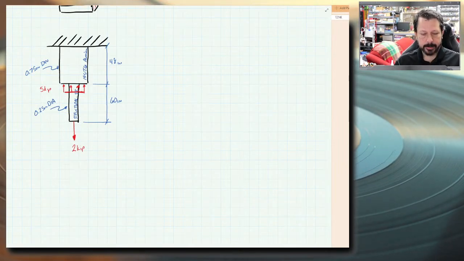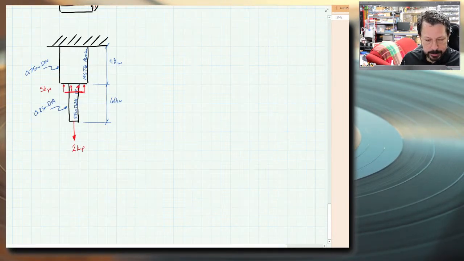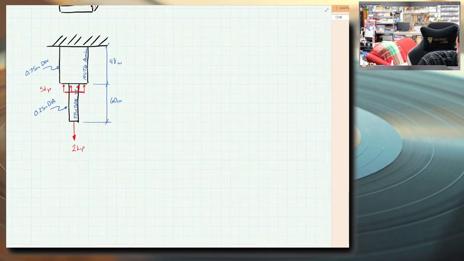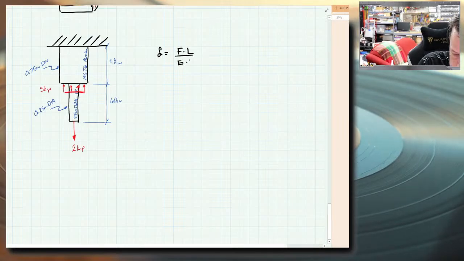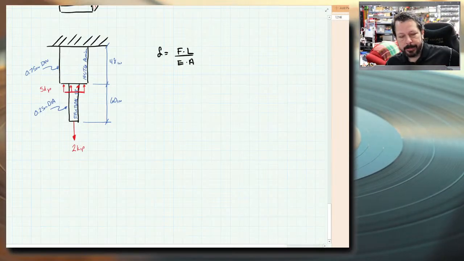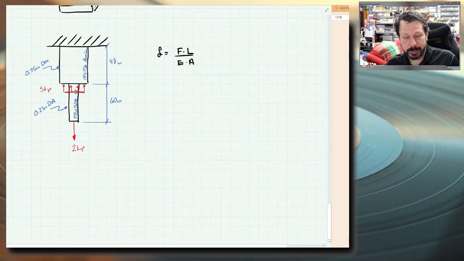All right. So what I need to do with this is I want to solve my equation delta equals FL over EA, but I have different things here. I have different regions that have different forces, I have different materials, and I have different cross-sectional areas. So what I'm going to do is I'm going to define, in this case, 2 distinct regions.